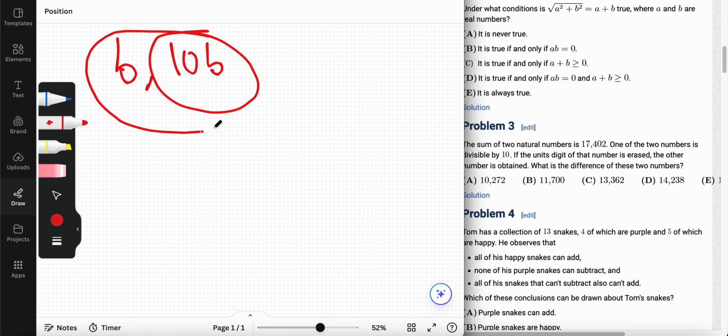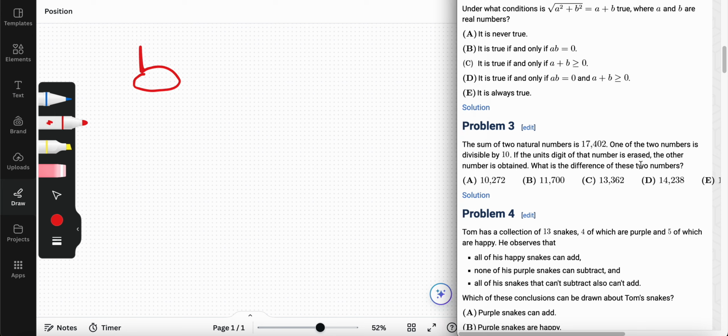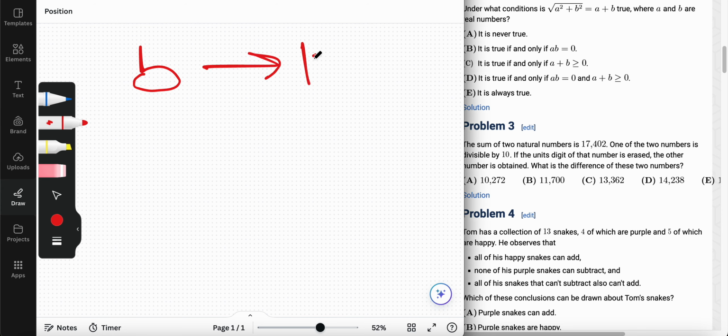Let's assume that the smaller number is b, right? If the smaller number is b, then the bigger number has to be 10b according to the scenario. So I can add both of these. Sorry, I was just making sure that I got the right information.